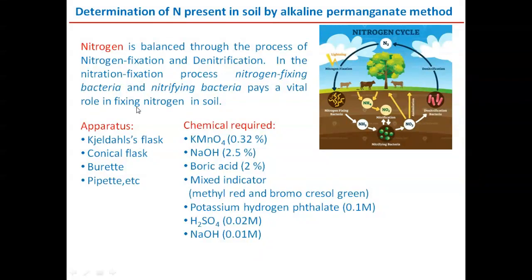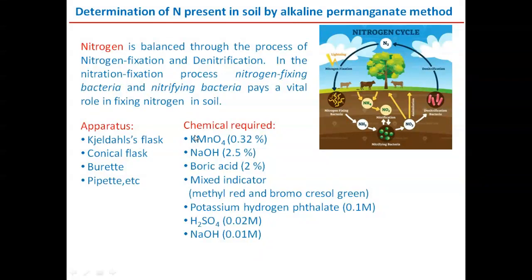So here in the apparatus we are using Kjeldahl's flask, conical flask, burette, pipette. We will see it in detail in the next slide. So chemicals required, as we know here, it's alkaline permanganate, meaning we have potassium permanganate, that is KMnO4, and alkaline meaning we have NaOH as well.